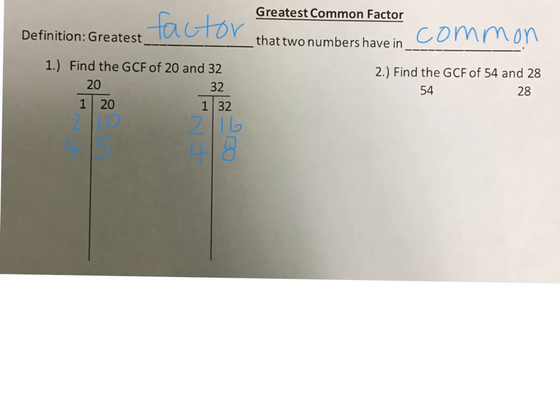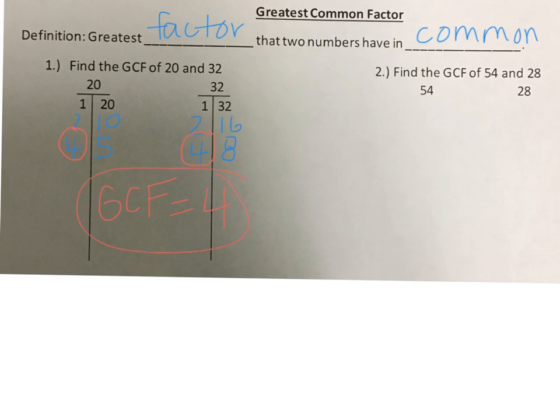For 20, we have factors 1, 2, 4, 5, 10, and 20. And for 32, we have 1, 2, 4, 8, 16, and 32. And we see that our common factor between the two should be 4. So our GCF for 20 and 32 is the number 4.